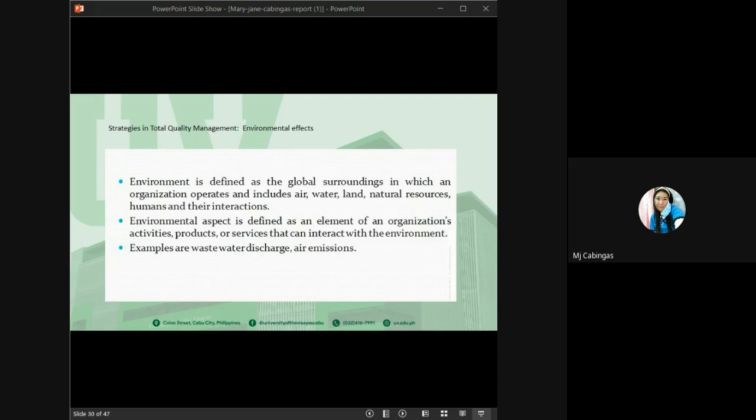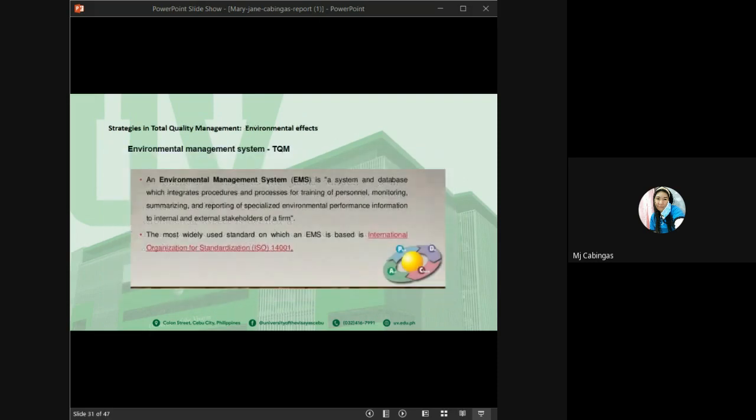So an environmental management system is a system and database which integrates procedures and processes for training of personnel, monitoring, summarizing, and reporting of specialized environmental performance information to internal and external stakeholders of a firm.